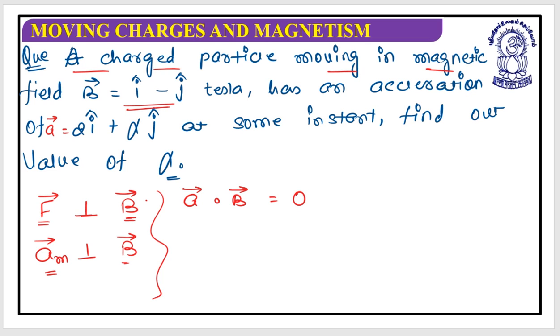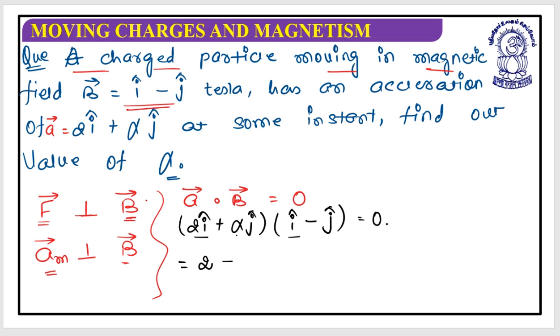So it's 2I plus alpha J multiplied by I minus J, and this equals 0. It's a dot product: I with I, and J with J. So 2 into 1 is 2, plus alpha into minus 1, minus alpha, equals 0.